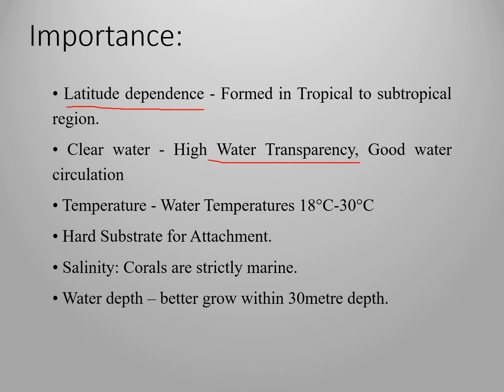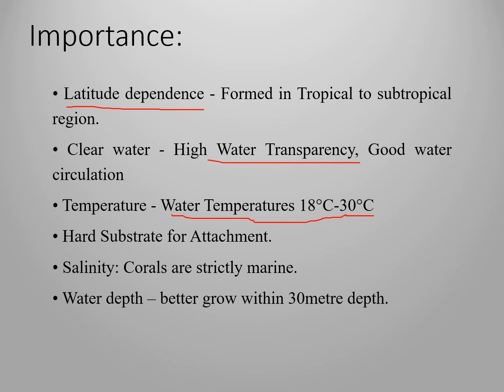It should be transparent. Temperature for formation of coral reefs is better if it remains within 18° to 30° centigrade. Below 18° centigrade, coral reef formation does not occur in a very good way.